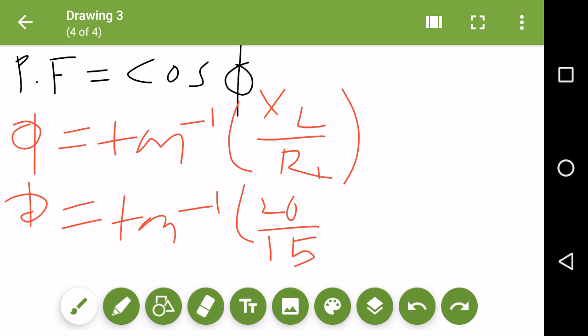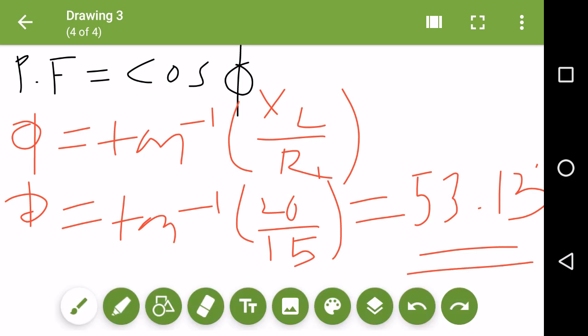Phi is tan inverse of XL upon R, that is 20 upon 15, which gives 53.13 degrees. This is the value of phi required to find cos phi, that is the power factor. Now I will substitute this value in the equation and find the power factor.